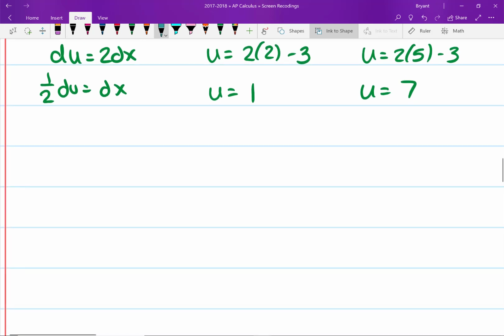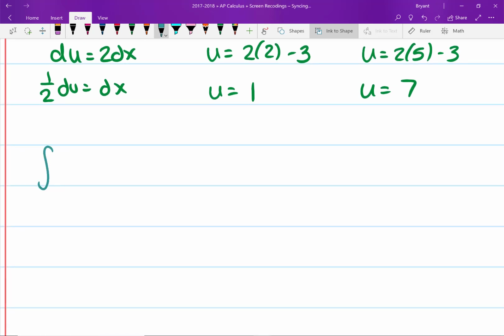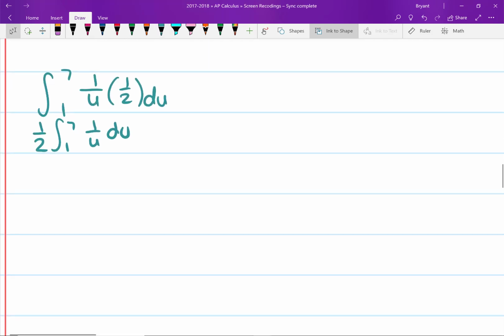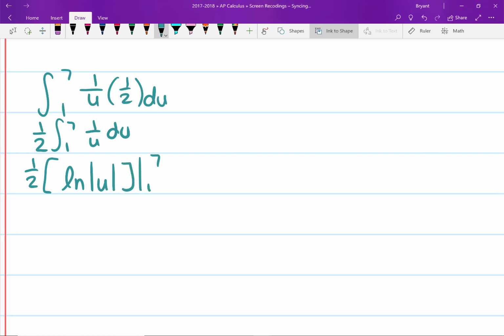So now we set up our integral. And this is going to be the integral from 1 to 7 of 1 over u times 1/2 du. So this will be 1/2 times the integral from 1 to 7 of 1 over u du. So this is 1/2 times ln of the absolute value of u from 1 to 7.